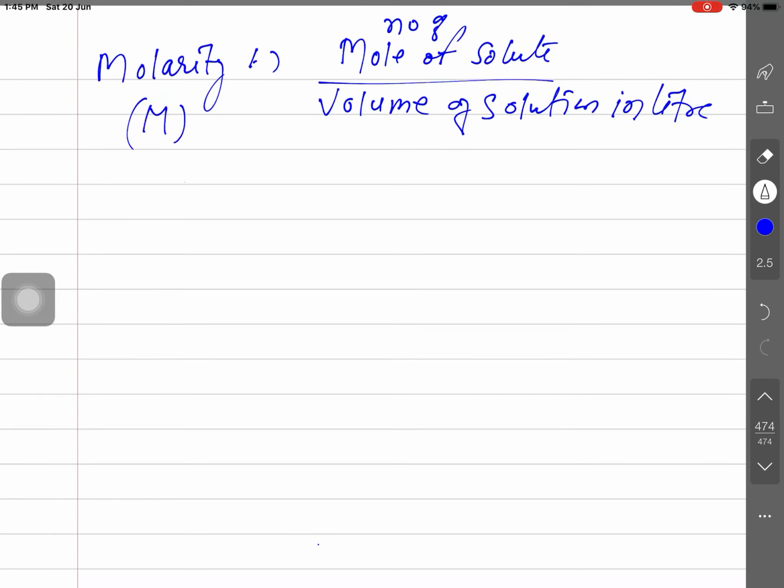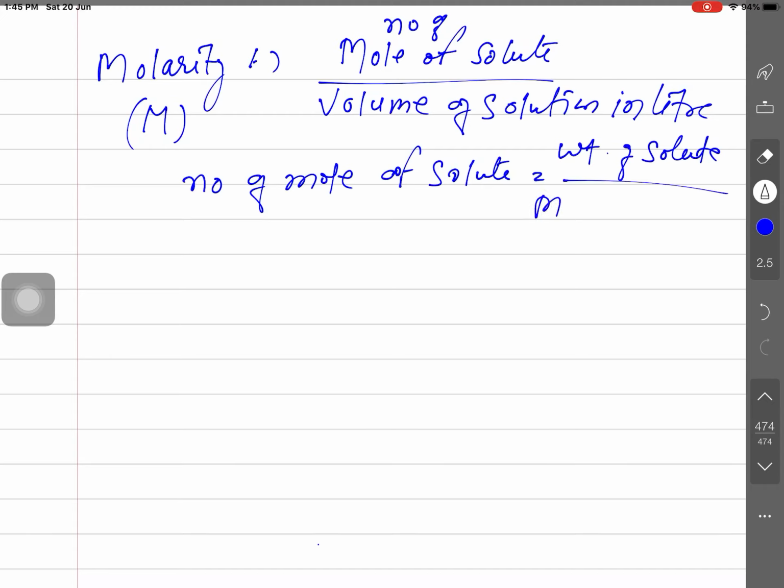The weight of solute divided by the molecular mass of solute gives the number of moles of solute.